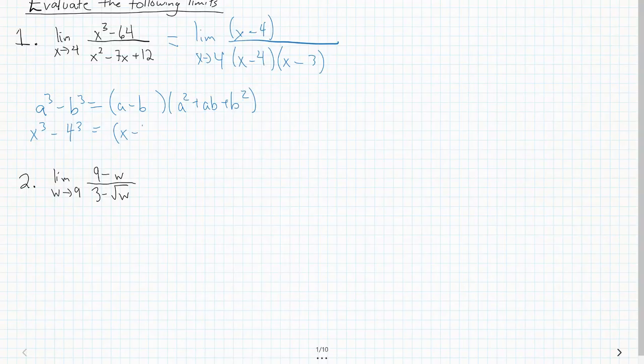You get x minus 4, and then x squared plus x times 4 plus 4 squared. If you don't like this method, we could always divide by the factor of x minus 4. If you need practice with that polynomial division, just let me know and I'm happy to help. So this makes x squared plus 4x plus 16 on that side. Hopefully that makes sense on that part.